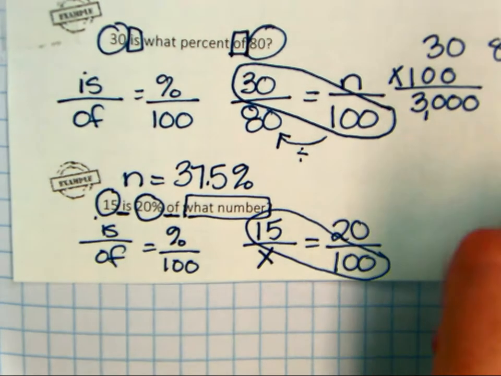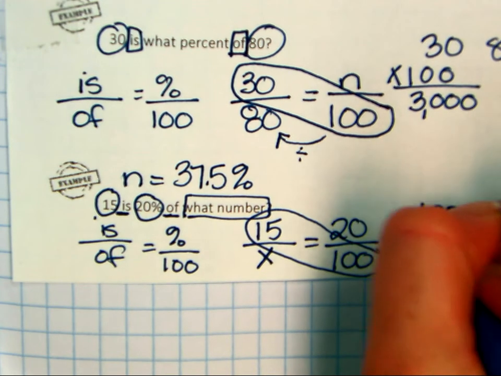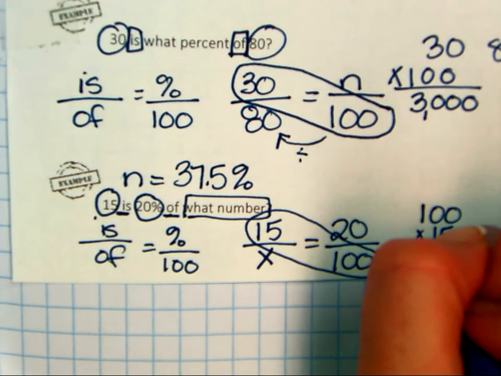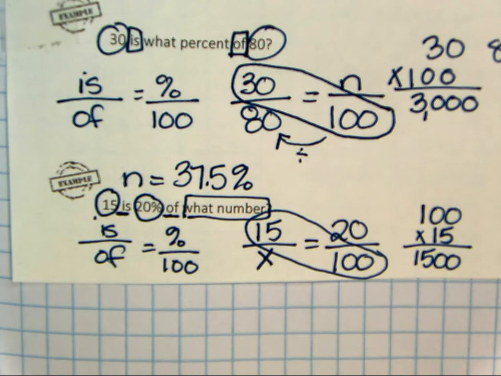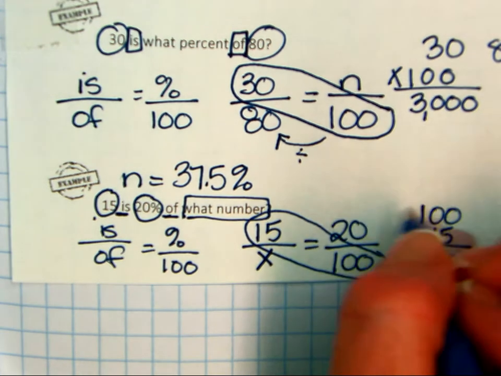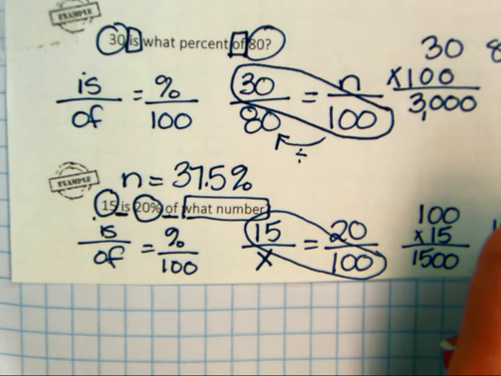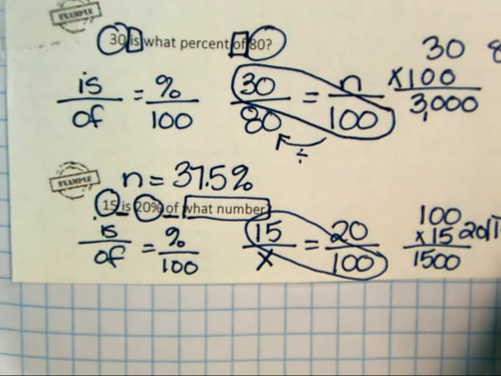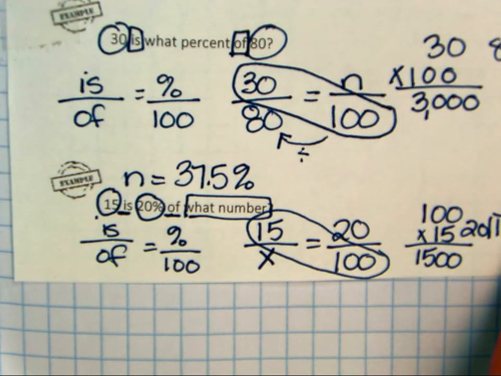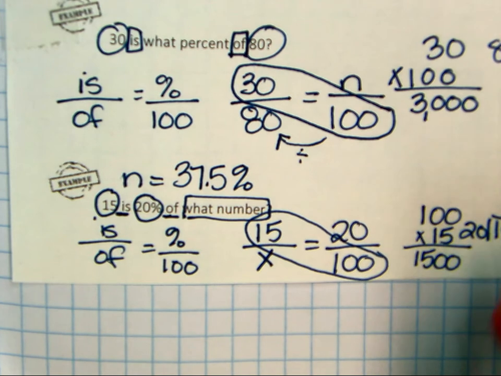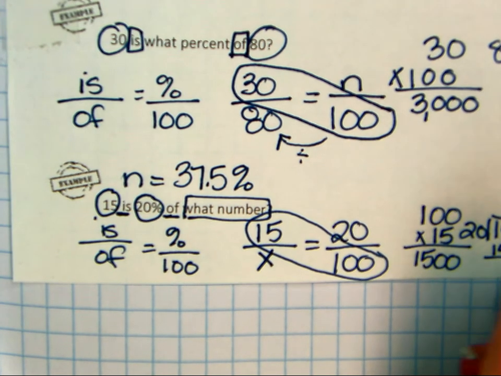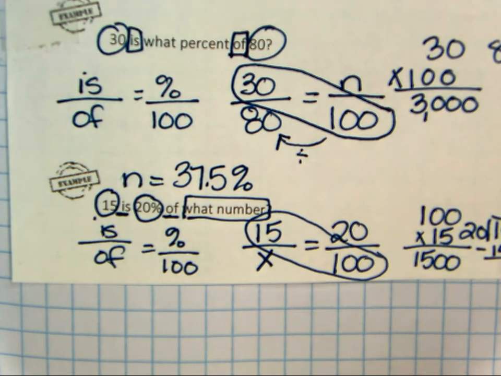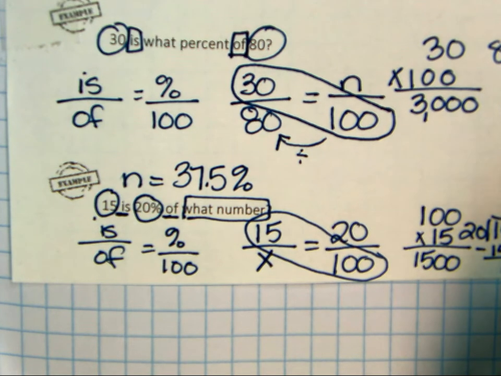Okay, so now I'm going to do 15 times 100, which is 1,500. And I'm going to divide that by what's left over, which is this 20. So 1,500 divided by 20. 20 can't go into 15, but it can go into 150 7 times, because 7 times 2 is 14. I'm adding my 0. And I end up with 10. I'm going to drop down my 0.